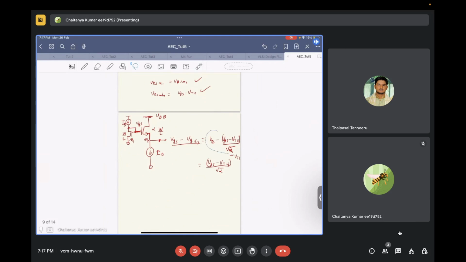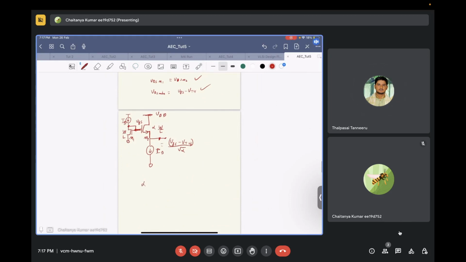So we will write it cleanly over here. This is the voltage that you get at this node.